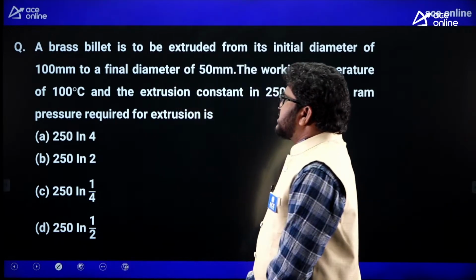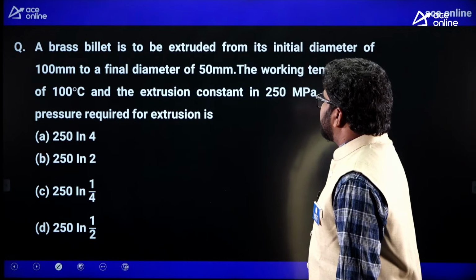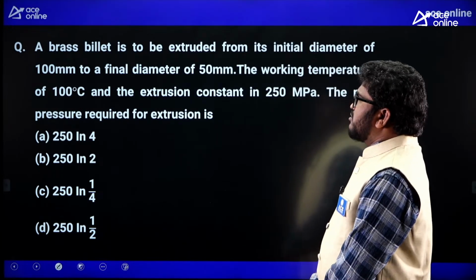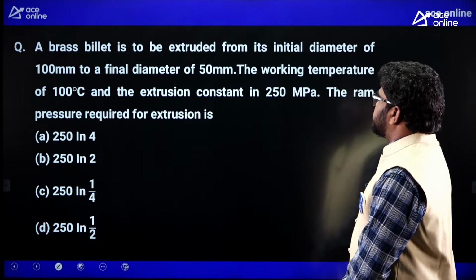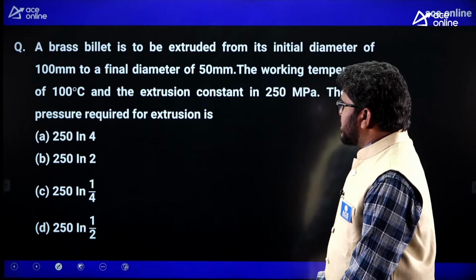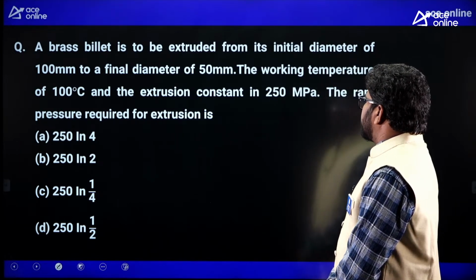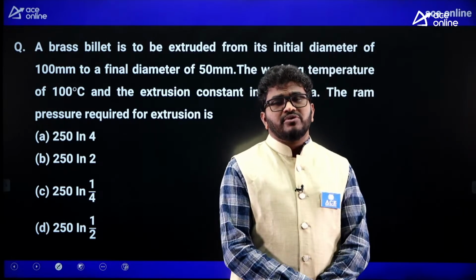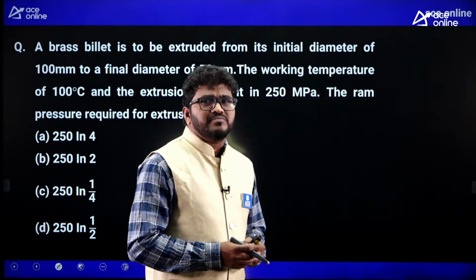A brass billet is to be extruded from its initial diameter of 100 mm to a final diameter of 50 mm. The working temperature is 100 degrees Celsius and the extrusion constant is 250 megapascal. Then what is the ram pressure required for the extrusion process? It's a very simple question.